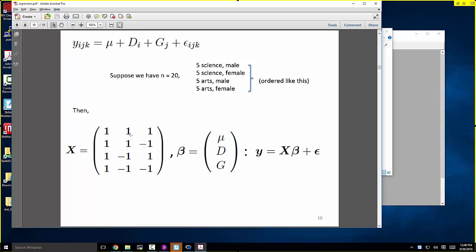So for everybody who's in the sciences, which would be these guys and the next 5 rows, males and females, I want a 1 to turn on or pick up the degree type main effect. So for the first 5 individuals, I want an intercept, I want degree for science, and we also coded males as 1, females as 0. So since these 5 rows all are science males, I want intercept, science effect, male effect.